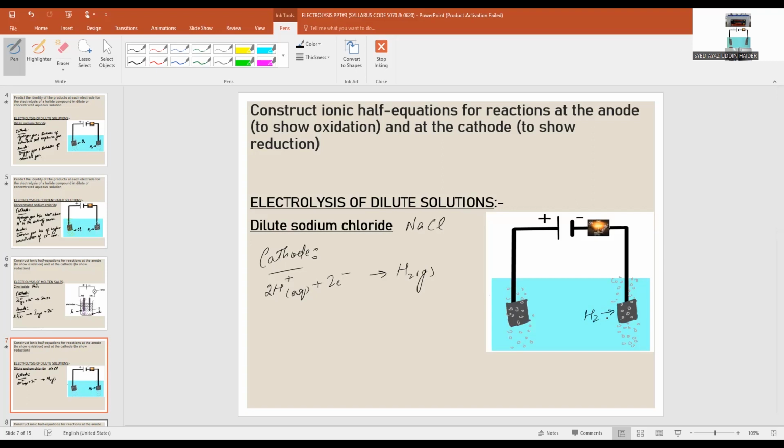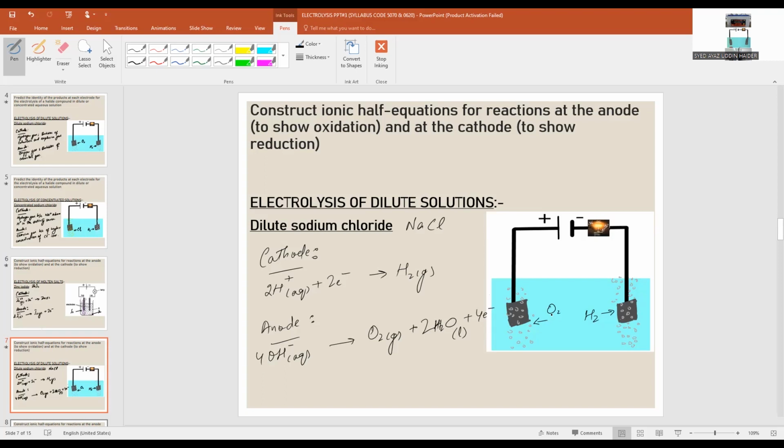At the anode, there will be loss of electrons by hydroxide ions to release oxygen gas, water molecules, and 4 moles of electrons. So you write like this. Anode: 4OH- (aq) gives O2 gas + 2H2O (l) + 4 electrons. So these are the bubbles of O2 gas. Again, it is due to the higher concentration of hydroxide ions as compared to chloride ions.